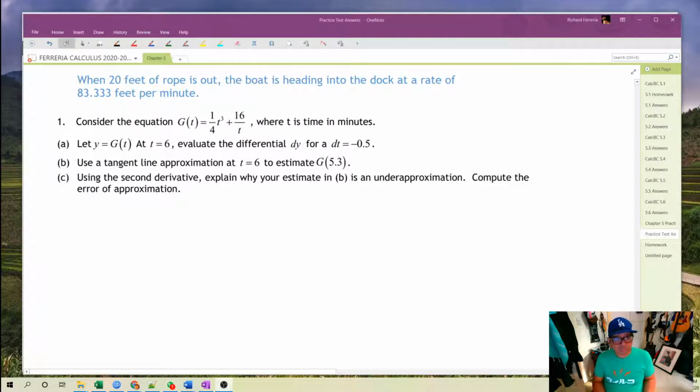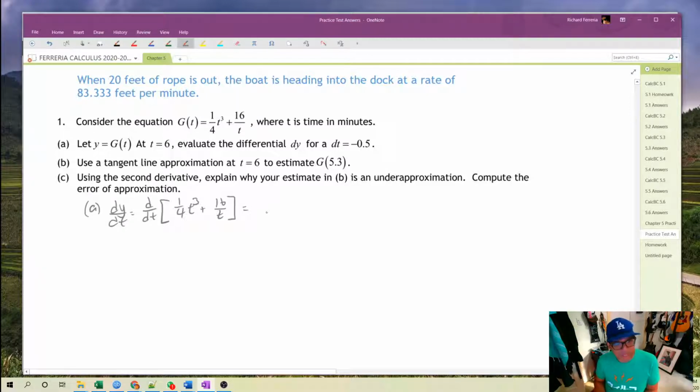Okay, well, that's really mostly a derivative question. dy/dt is going to be equal to the derivative of y, of course, and the equation for y is 1/4 t cubed plus 16 on t. And we can take our derivative.